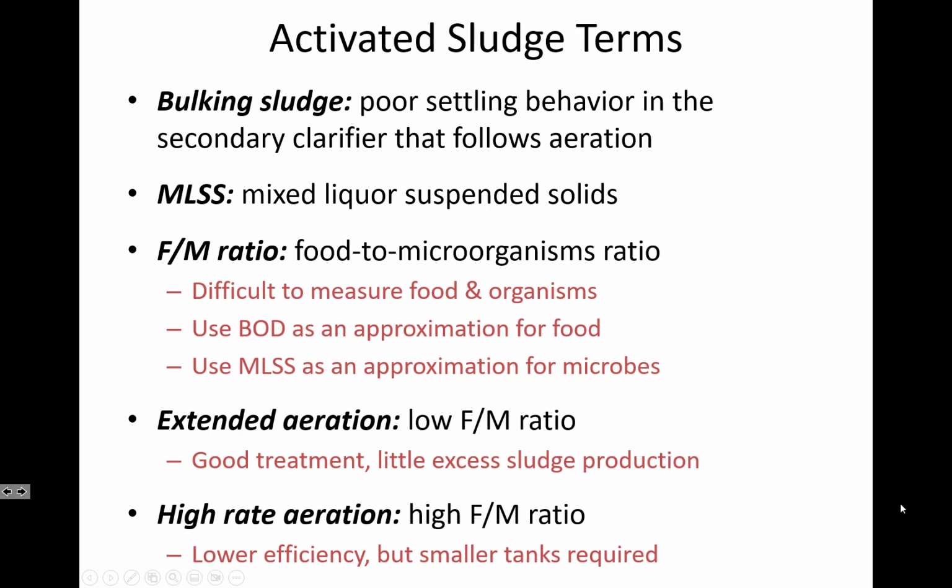And so it's not easy to directly measure how much food there is and the number of organisms there are, but we can use the BOD of the waste that's coming into the aeration as an approximation for how much substrate is there for the microbes to consume.